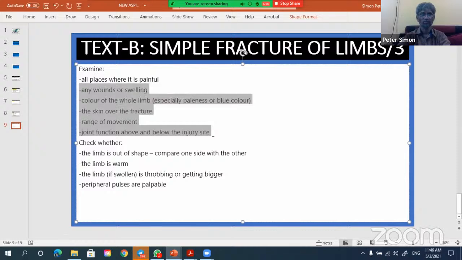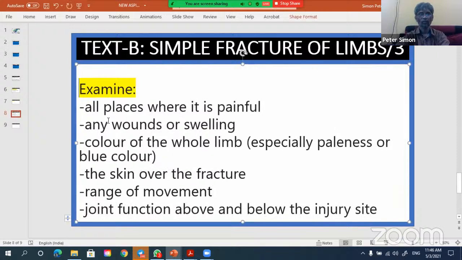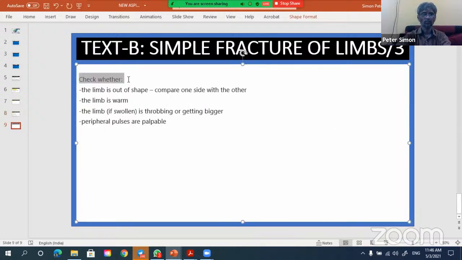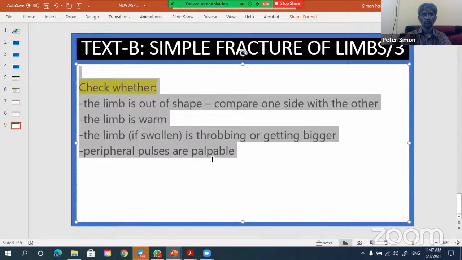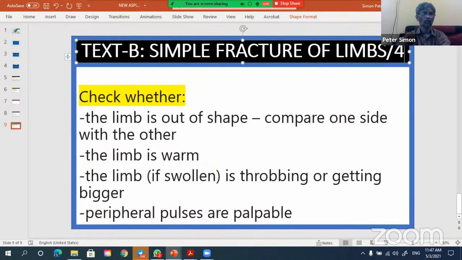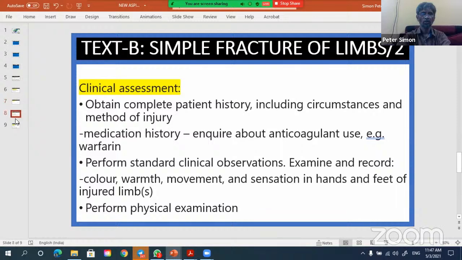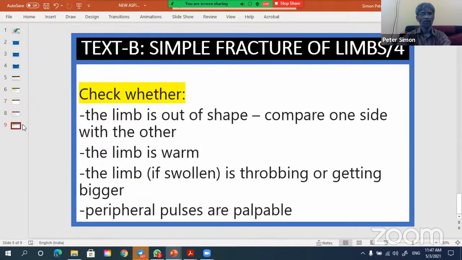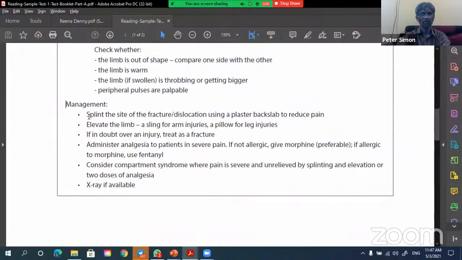So check whether. This is the 4th slide. 1, 2, 3, 4, 4th slide. Examine. Then one more slide, because this is the bigger one. Okay, this is management.